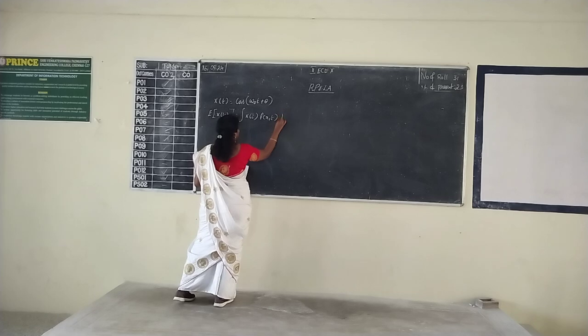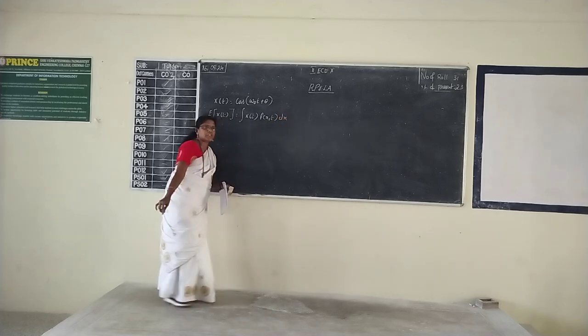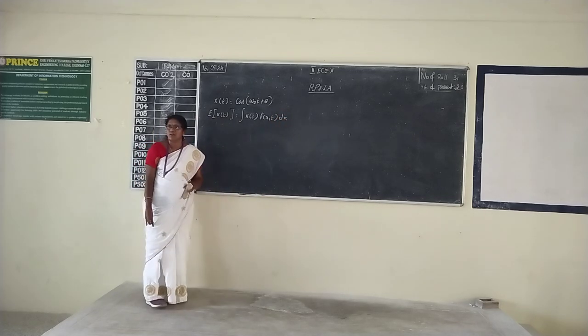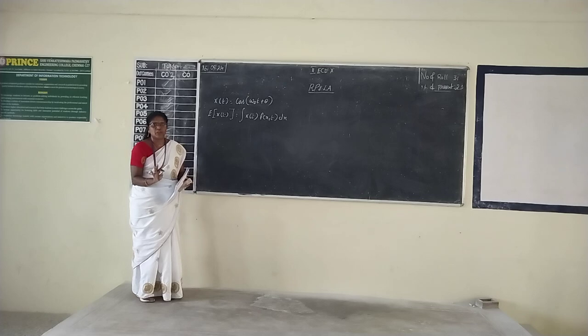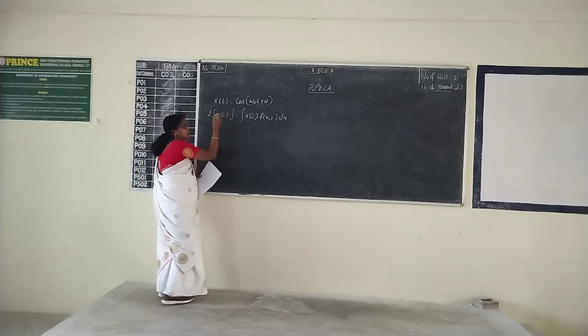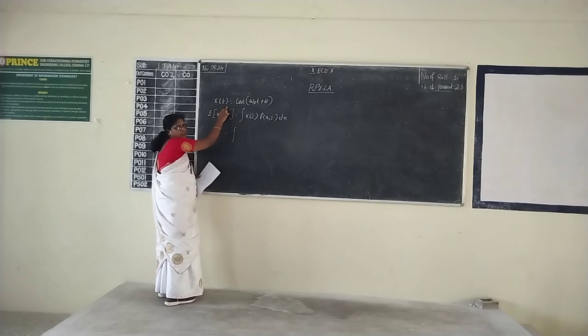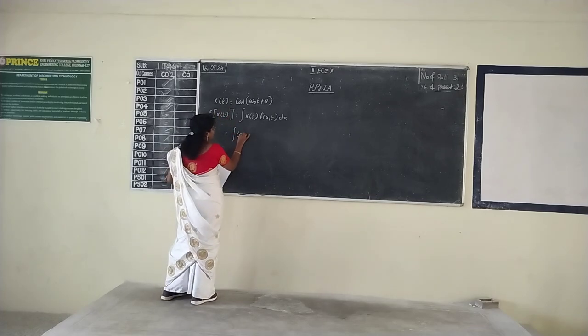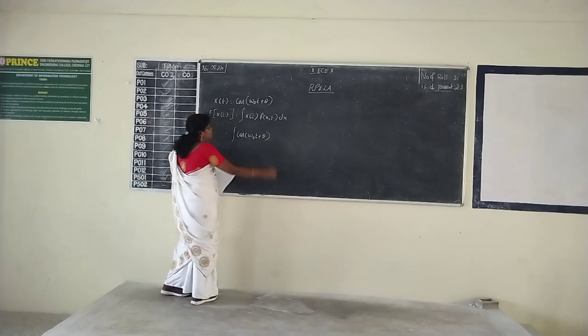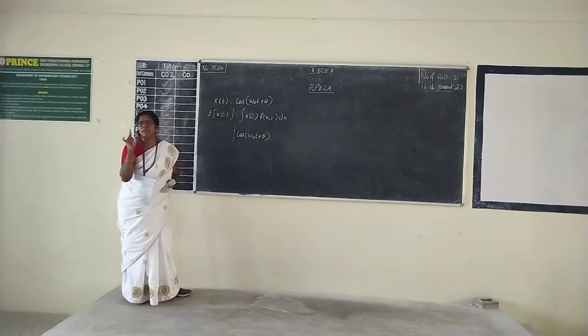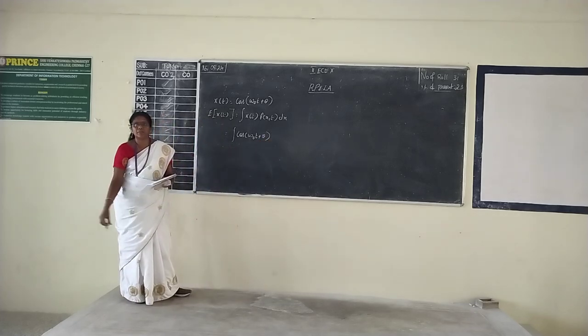This is the general definition. According to the problem, what is x of t given? Cos of omega naught t plus theta. So here what is our function? f of theta.